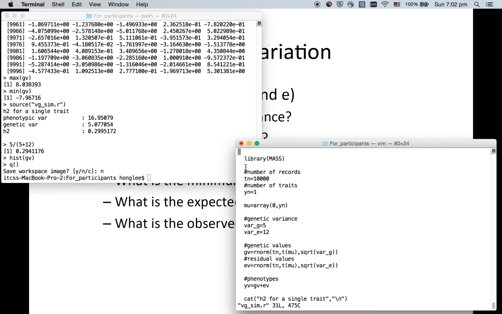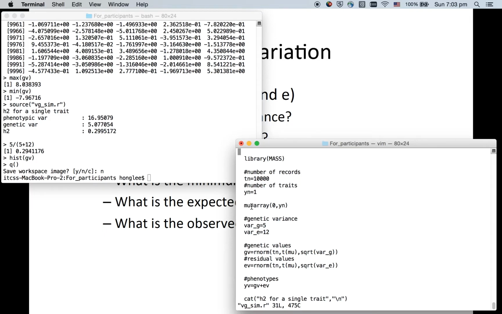Library MASS is for multivariate normal distribution simulations, used somewhere here. I will explain soon. Here the number of simulation records is 10,000, and the number of traits is 1 at the moment.